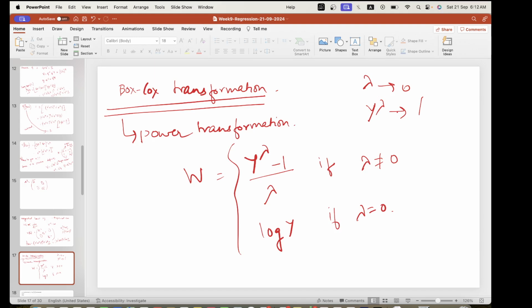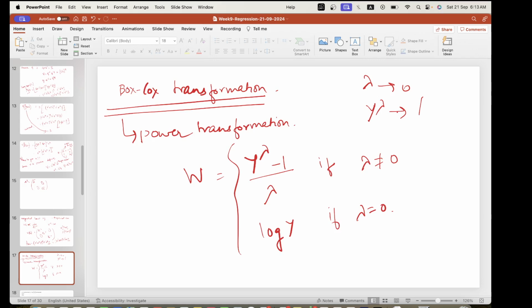So that is something we have to be very mindful of. And if lambda is equal to 0, then we can use this log transformation. This log transformation is pretty common, and you might find yourself making this transformation very often in practical situations to do away with model assumption inaccuracies.